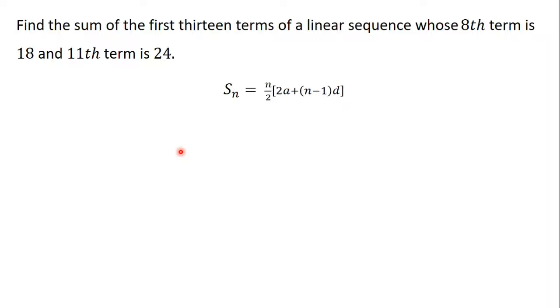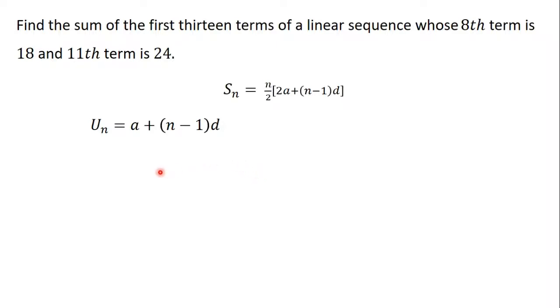We have learnt that in an AP, the value of a term is denoted by un, and un is given by the formula a plus n minus 1 times d, where a is the first term of the AP, d is the common difference, and n is the number of the term whose value we want to find.